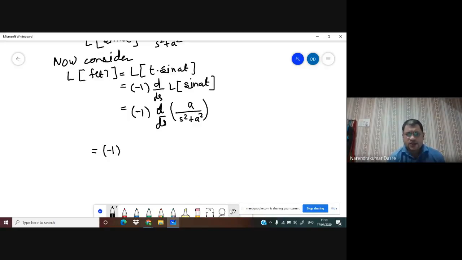I can take this a outside, so minus 1 and a, I'll have minus a. Then I have d by ds of 1 upon s square plus a square. So what is the formula to find the derivative of this term?